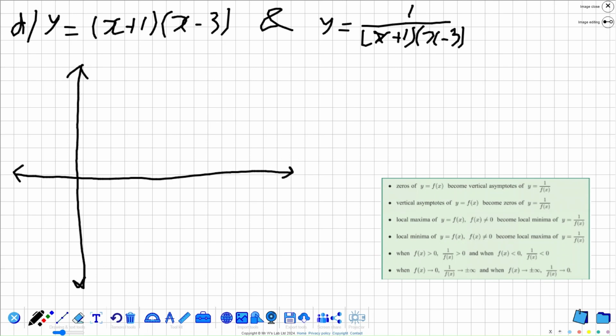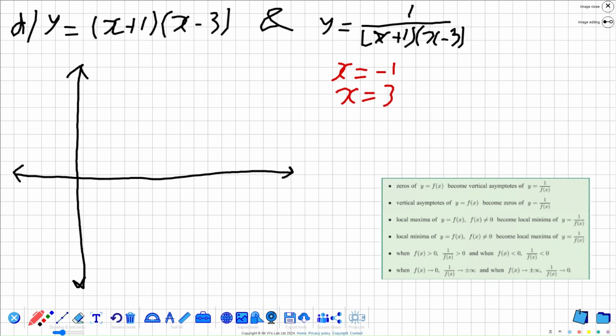And right off the bat, because we've got these 2 points here, we know that we're going to have zeros at those points. So we know that we're going to have zeros at x equals -1 and x equals 3 using these 2 parts.